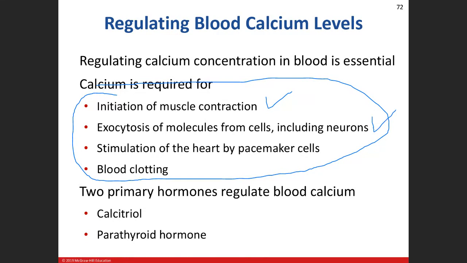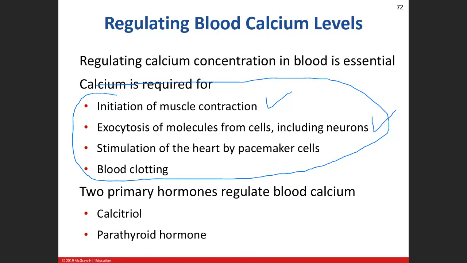Blood clotting is in 211. And we're talking about it right now in bones, what we need calcium for to make that hydroxyapatite. Those bone salts, the bone crystals. Okay? So we have two hormones that are going to play a role in regulating our blood calcium levels.